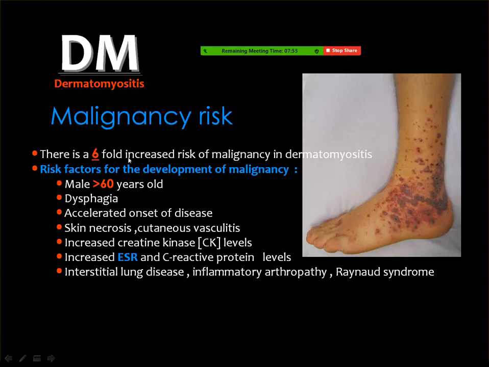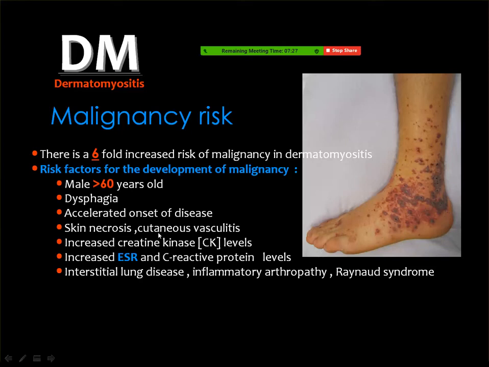There is a six-fold increased risk of malignancy in dermatomyositis, and the risk is evident whenever the patient is above 60 years, or has dysphagia, or accelerated onset of the disease, or skin necrosis, like what you see here, where some parts of the skin are dead.